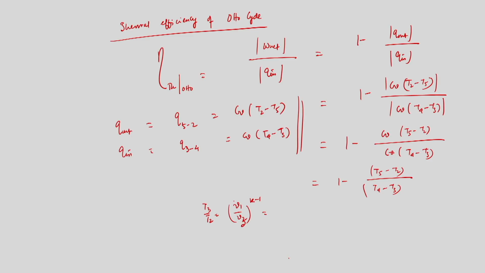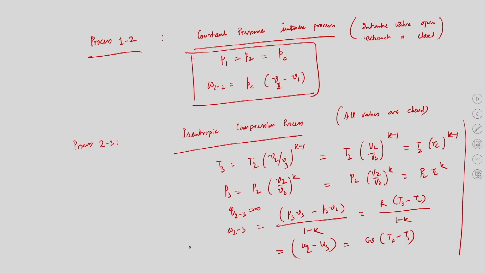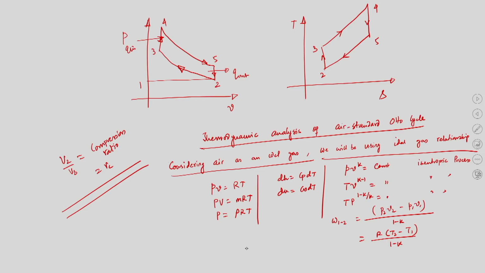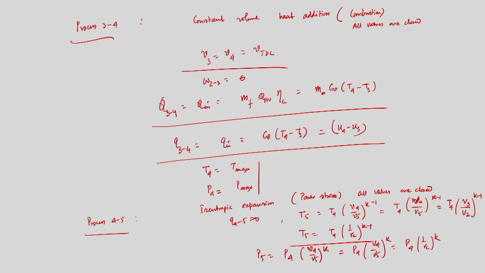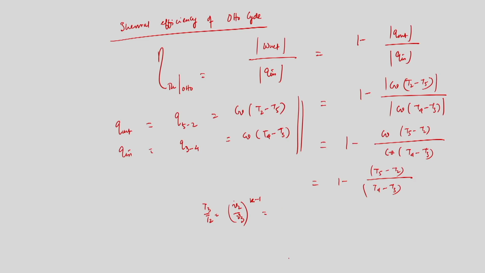Sorry, I am writing V2 by V3, so that is V2 by V3 to the power K minus 1. What is V2? From the PV diagram, V2 is V5 and V3 is V4. So, I can write that is V5 by V4 to the power K minus 1. That is equal to T4 by T5.